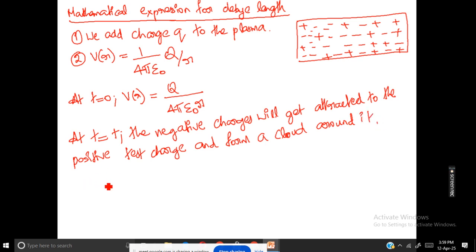Since the mass of electrons is very much less than the mass of ions, the velocity of electrons is very much higher than the velocity of ions. So the ions are considered to be at rest.